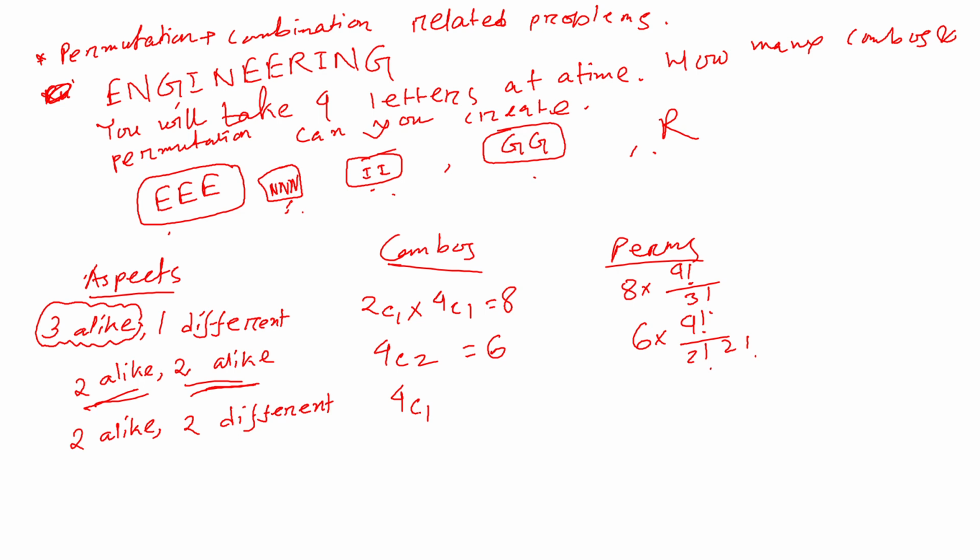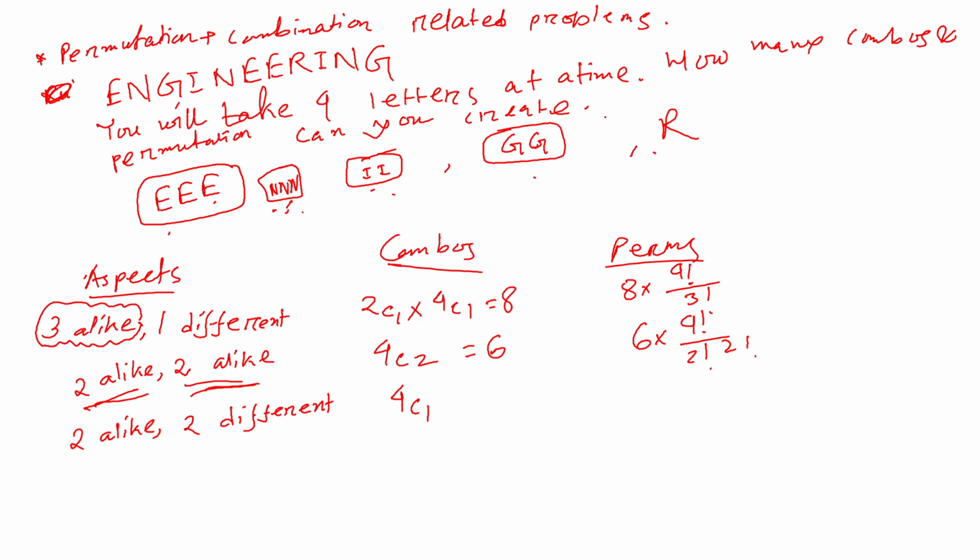How can I explain this thing to you? Okay, see, if you take two I's, and say for instance two E's maybe, in that case you will have one E, two G's, three N's and one R, right?